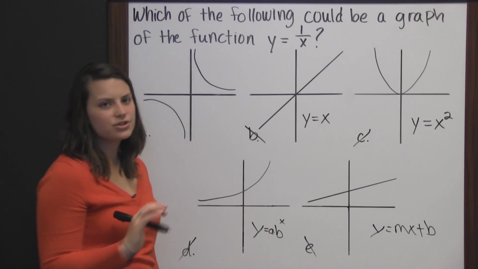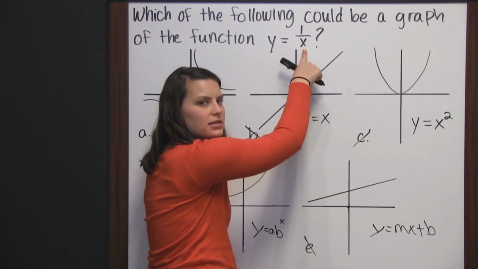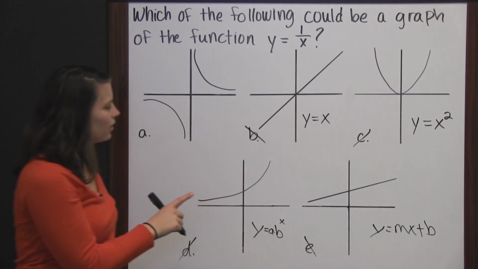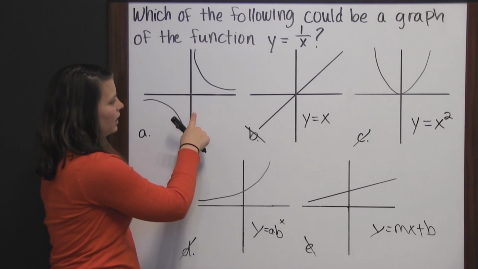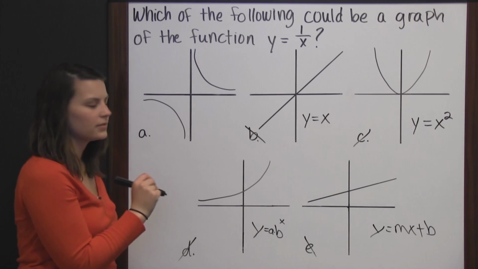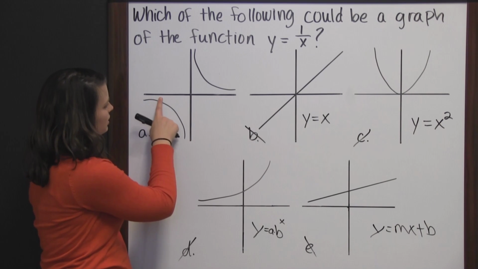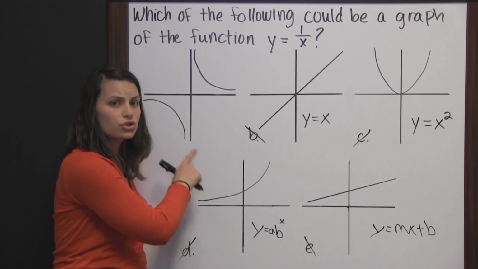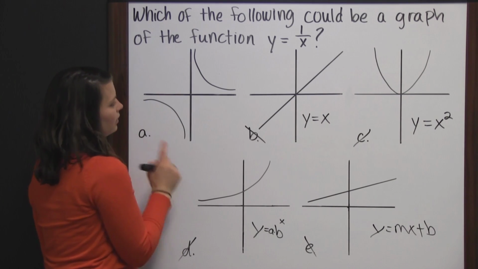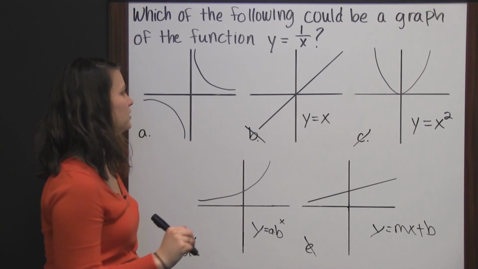Something you can think about with rational functions is that the only number you can't divide by is 0. Notice how on this graph, your domain is never 0. On this side of our graph, it's approaching 0 and then it turns down sharply away from 0 because your x value can never be 0 since you cannot divide by 0.